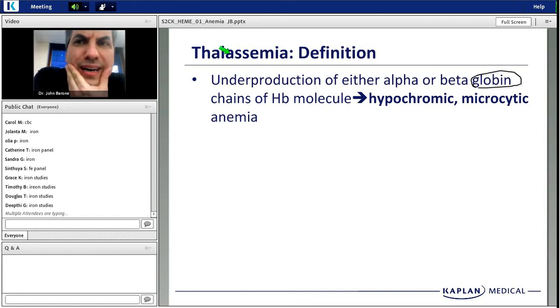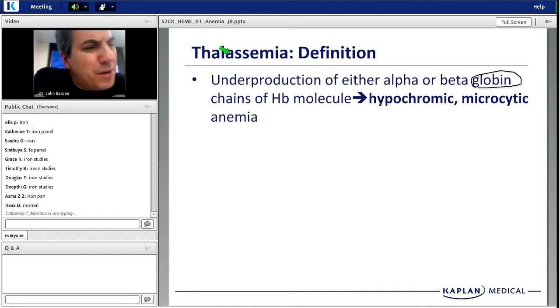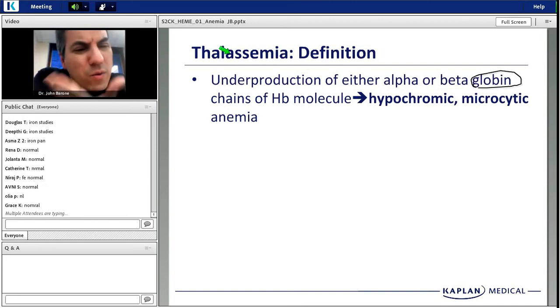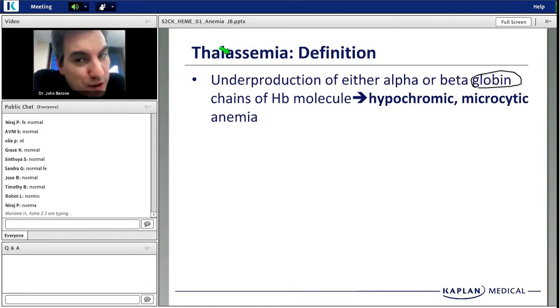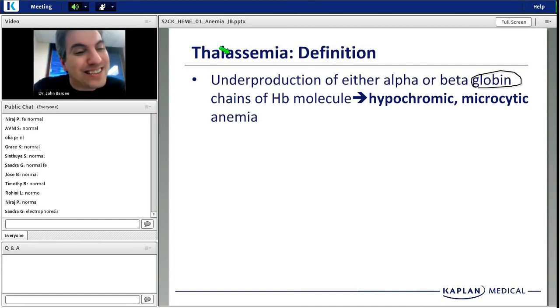What's it going to be in thalassemia, which isn't an iron problem? It's a globin problem. What's it going to be? It's going to be normal. So let's repeat that one more time. If it's a microcytic anemia, you get the iron panel. If the iron panel's normal, it must be thalassemia. You start thinking thalassemia.